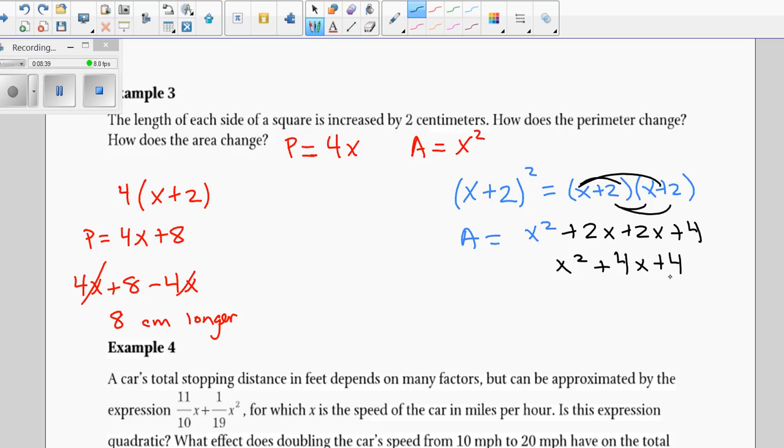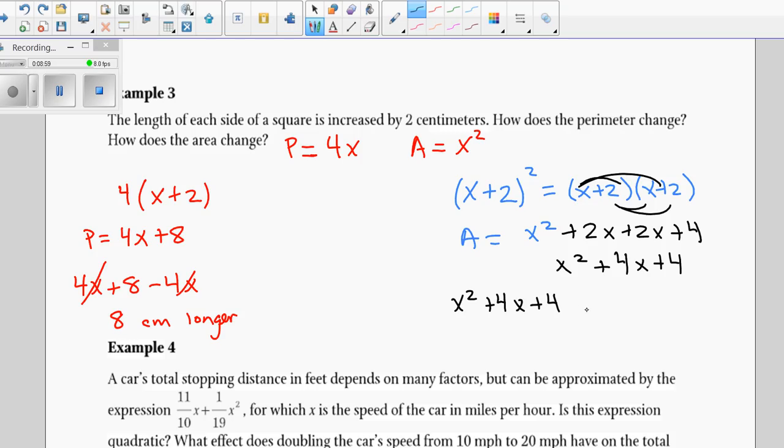So here's my new area because I increased my side lengths by 2. This is my old area. If you notice, the difference between this and this is really just that I added on this. So I can say that my new area is this.